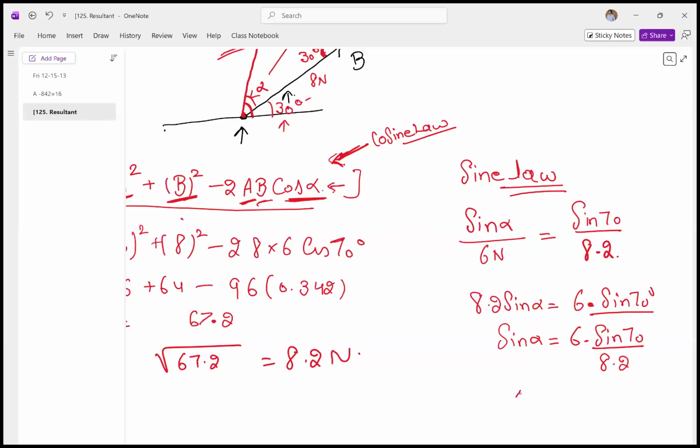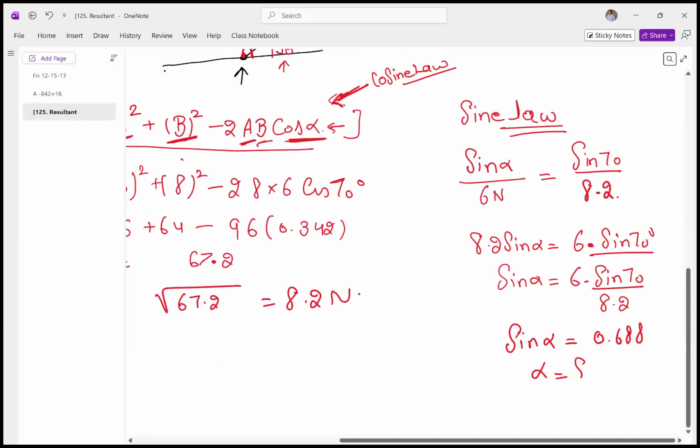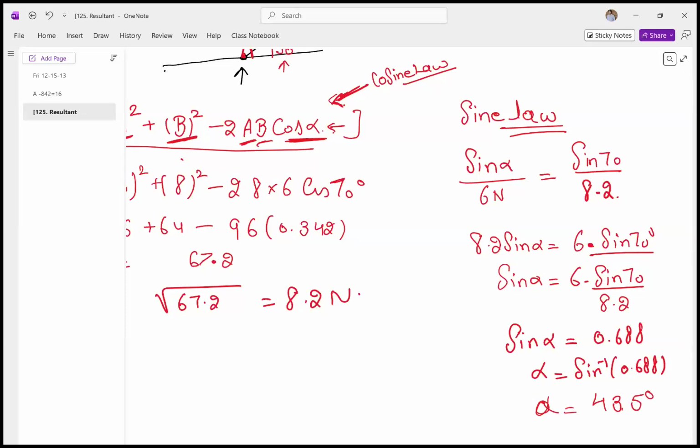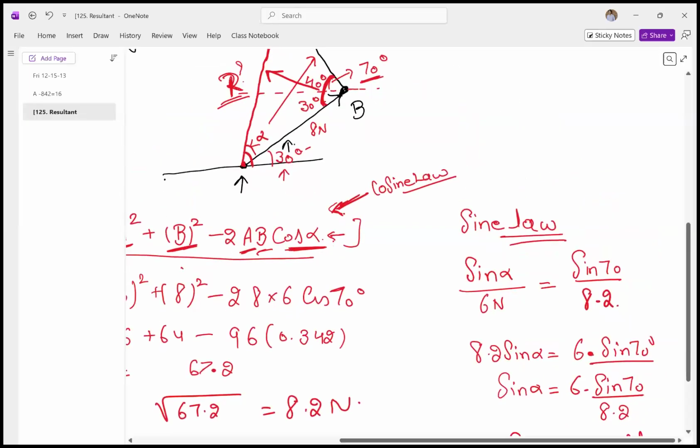Sine alpha will be 0.688, and alpha is sine inverse of 0.688. That's going to give us angle alpha as 43.5 degrees.